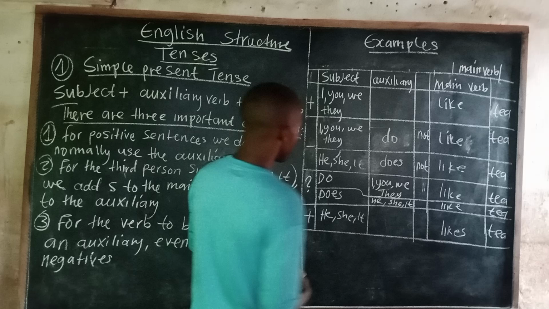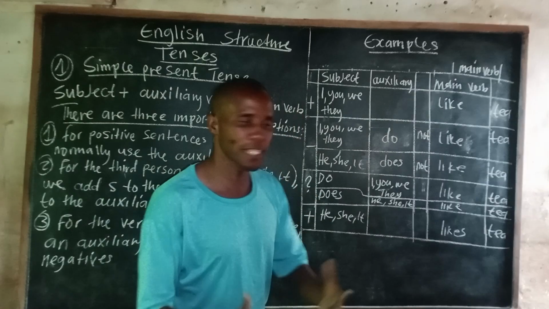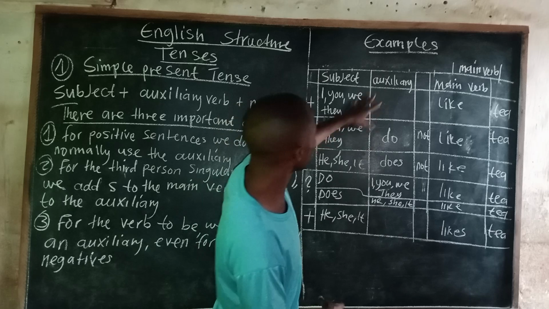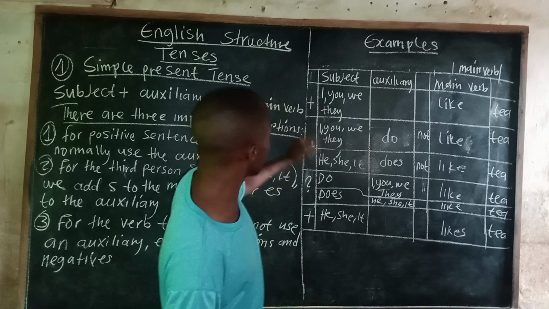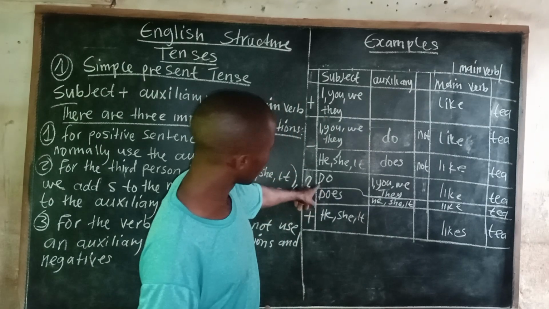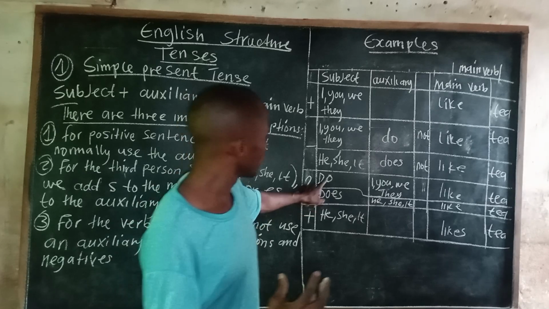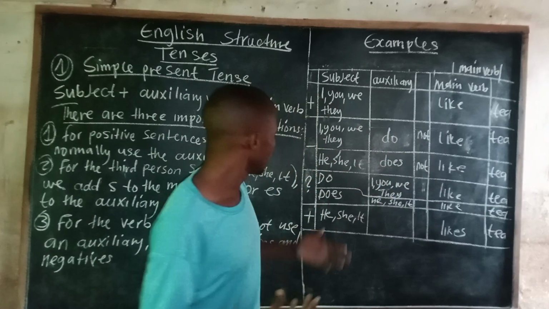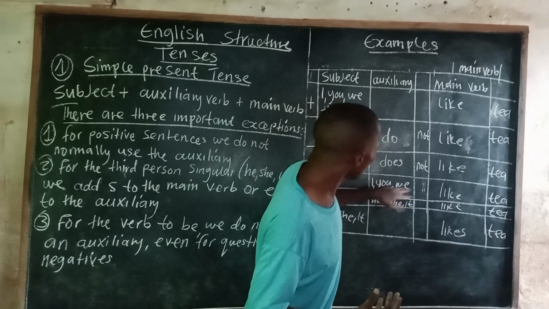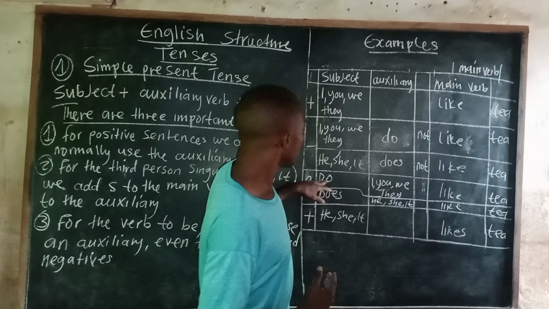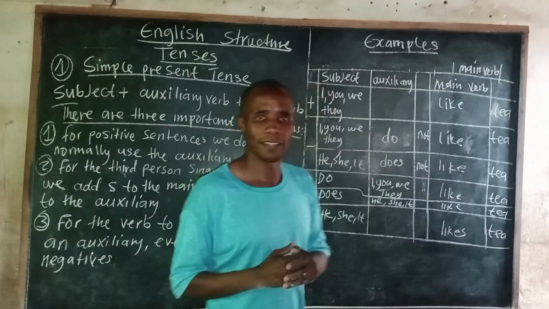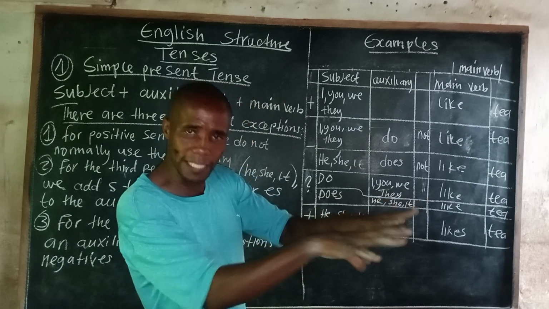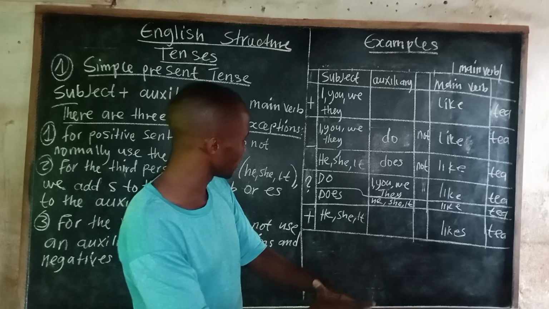Okay, then we come to question sentences, where you turn the auxiliary verb to be the subject. Okay, do. So you start now. That is a question. Do I like tea? Do you like tea? Do we like tea? Then you come to the third singular person, as I said.